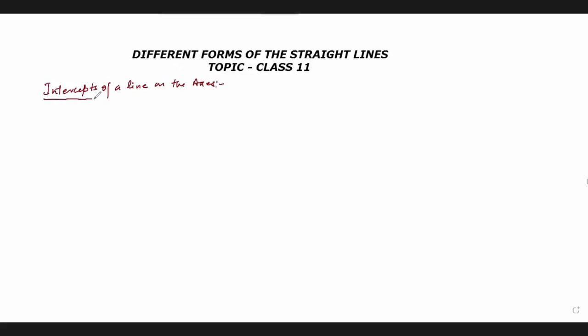So what do we mean by intercept of a line on the axis? If I say that a straight line cuts the x-axis, you know what an x-axis is?